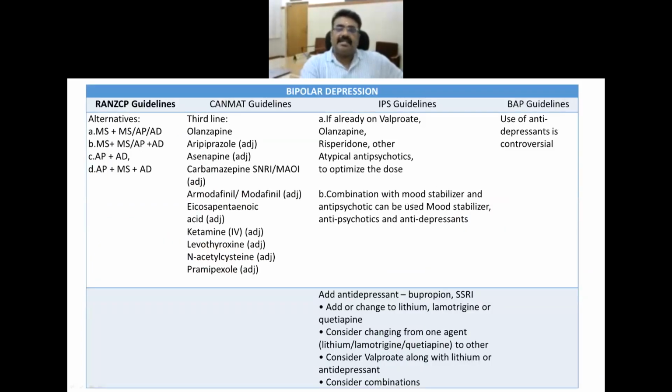In terms of third-line treatments, most of the guidelines would recommend a combination of a mood stabilizer plus an antipsychotic, or in terms of monotherapy, you have adjunctive aripiprazole, asenapine, carbamazepine, and use of antidepressants is not actually recommended in the British Association for Psychopharmacology guidelines.